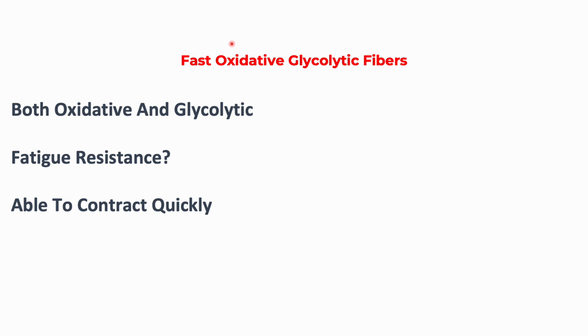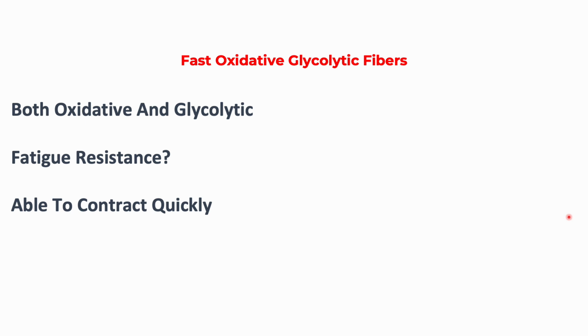Okay, moving on to fast oxidative glycolytic fibers, or FOG. FOG fibers are a type of muscle fiber that have the ability to produce energy through both oxidative as well as glycolytic metabolic pathways. What this means is that these FOG fibers are able to contract quickly just like fast glycolytic fibers, but they also have some resistance to fatigue, like slow oxidative fibers do.